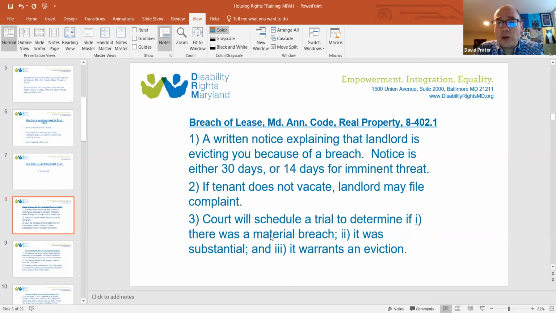The tenant doesn't leave, the landlord files a complaint, the trial is scheduled, and then the court is going to hear a case about whether or not there was a material breach, whether it was substantial, and whether it warrants an eviction. Now, I couldn't tell you exactly how that might turn out, but the purpose of that example is to say, not every breach of a lease is material, and not every breach of a lease warrants an eviction.